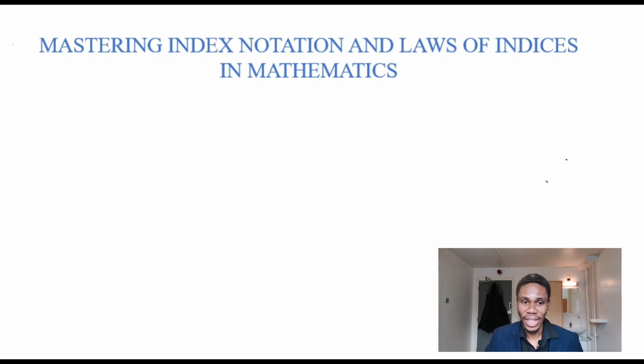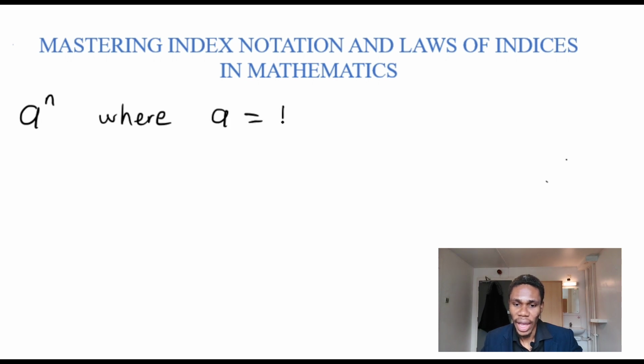So we have our index, which is basically of the form a to the power n, where a is our base and n is our exponent or power or index.